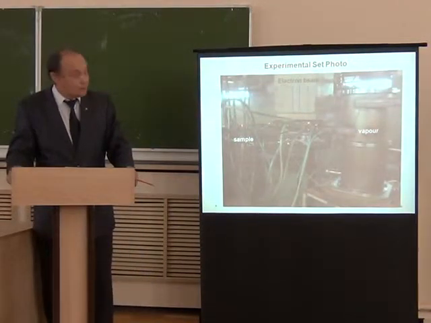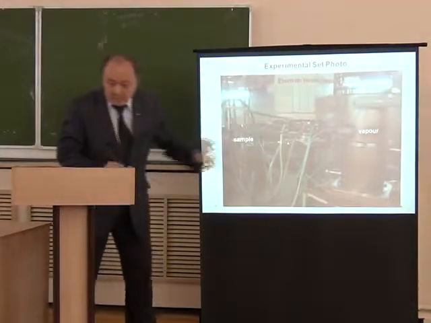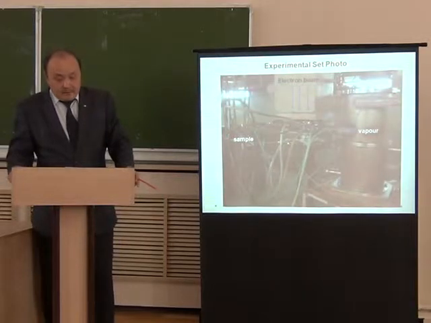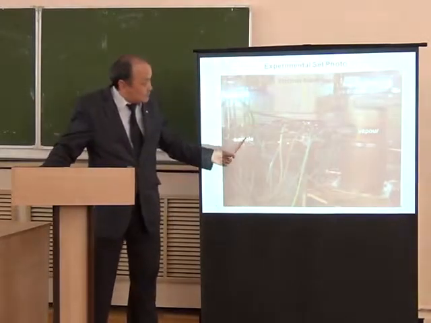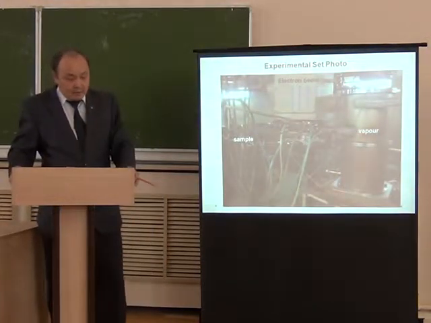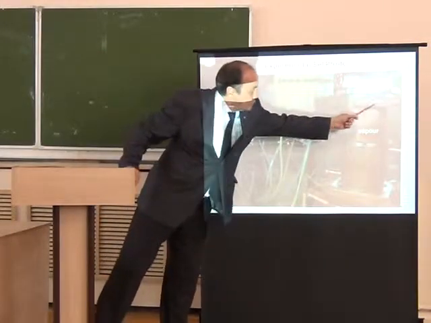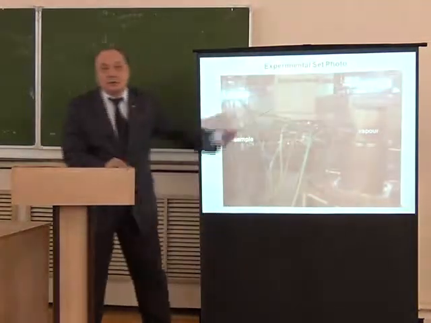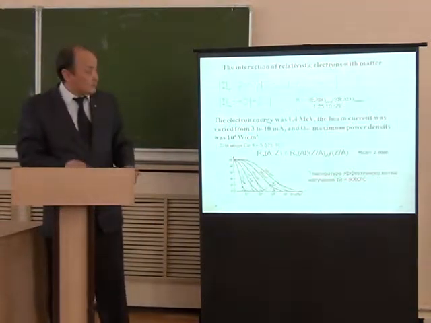Electron beam irradiates the sample. Vapor from this sample moves in the direction to the cylinder, to the silo.